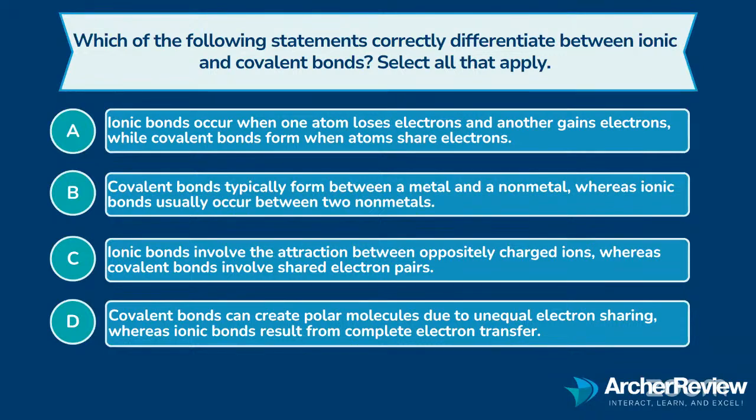C. Ionic bonds involve the attraction between oppositely charged ions, whereas covalent bonds involve sharing electron pairs. Or D. Covalent bonds can create polar molecules due to unequal electron sharing, whereas ionic bonds result from complete electron transfer. Get those answers out there.